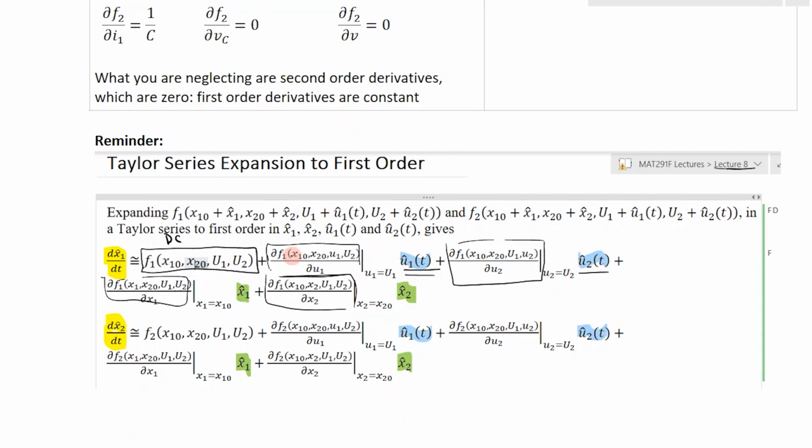Perturbation of U1 multiplying this derivative, perturbation of U2 multiplying that derivative, etc. And everything here is for F1, right? And then for the second equation, we'll have the same thing with F2.